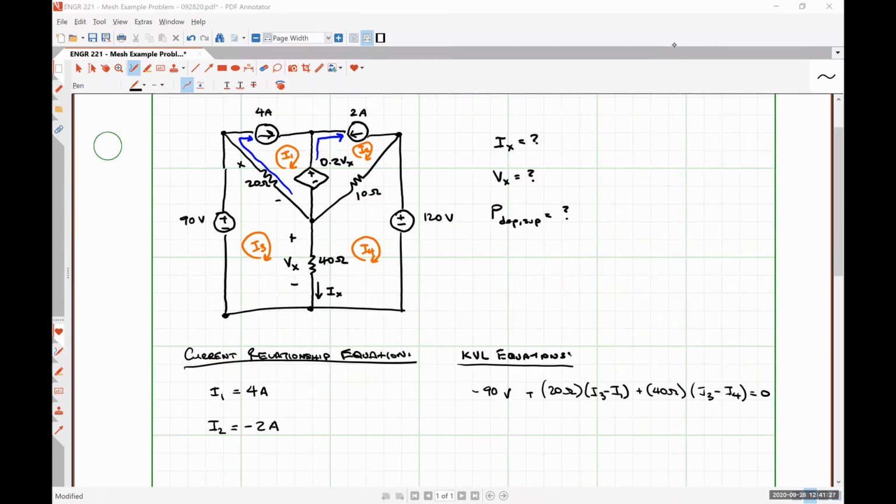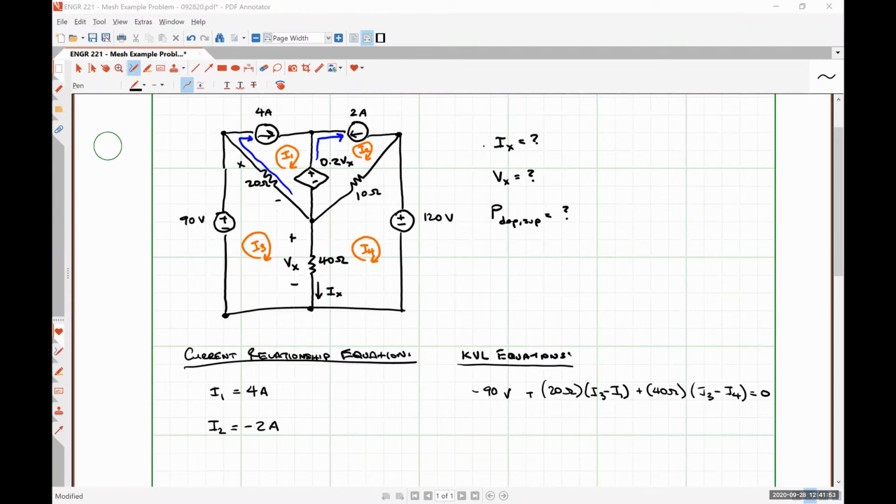Why didn't I include the current source in the equation? That's a great question. We can't write a Kirchhoff's voltage law loop around mesh I1 or mesh I2 because they contain current sources.